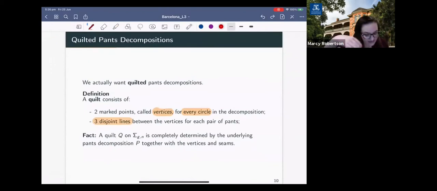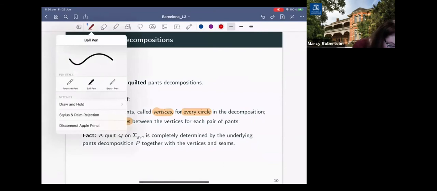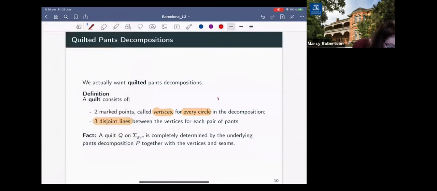What I drew is not a good drawing, so we'll put an X on that one. And you have to end up with 2 hexagons. The key is that however you cut it up, the result is 2 hexagons for every pair of pants.